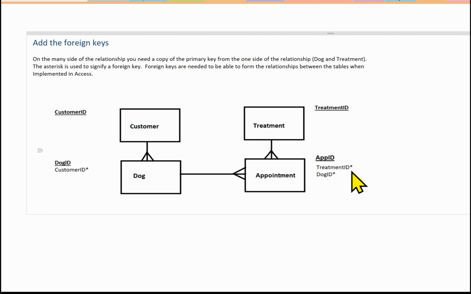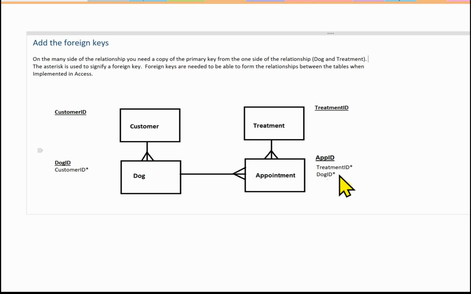And then finally, we've got a one-to-many relationship between dog and appointment. So on the many side, we go to the one side, pick up the primary key, which is dog ID, and we put that in appointment as a foreign key, and there's dog ID with the asterisk behind it.